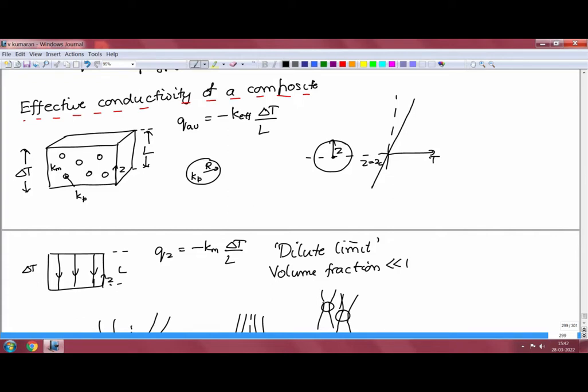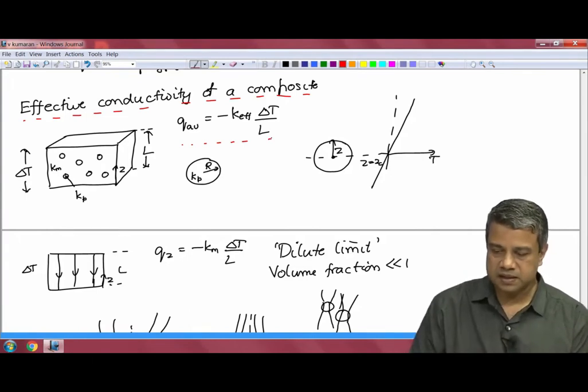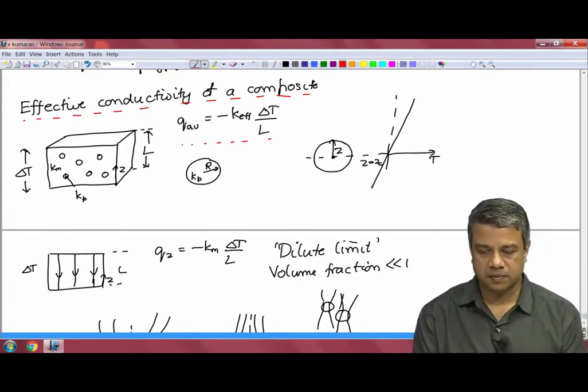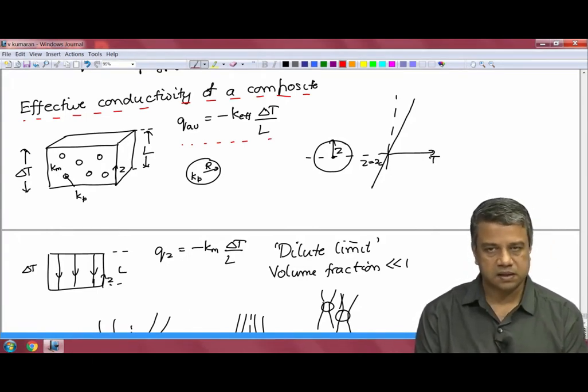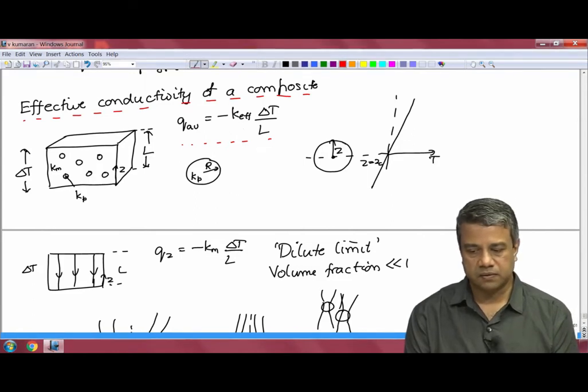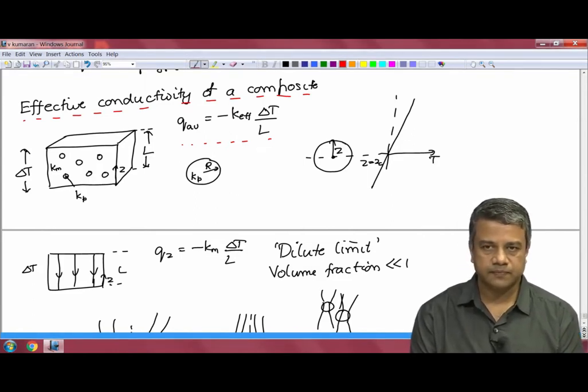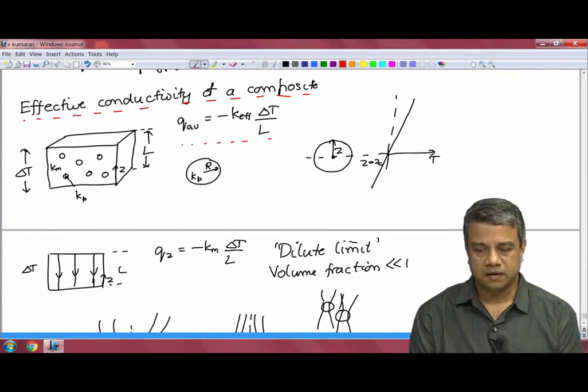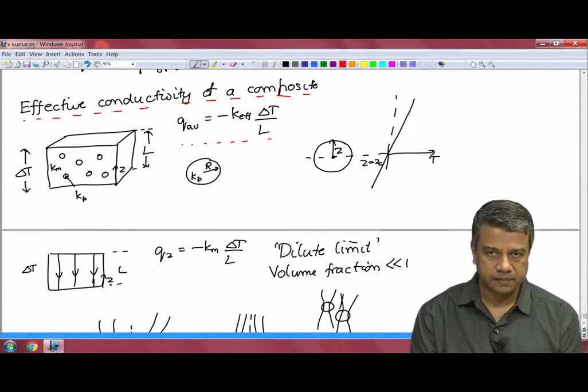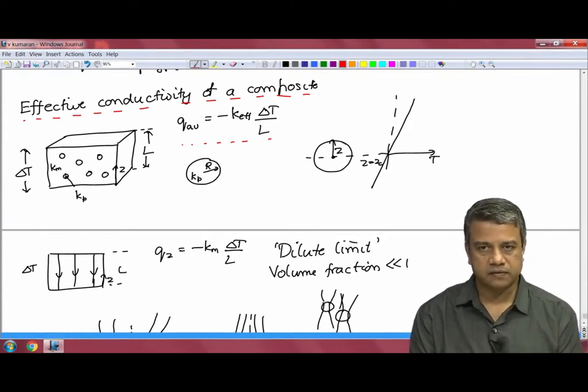The temperature difference is delta T, and we were looking for an average flux of the form Q_av equal to minus K effective into delta T by L in the z direction. We were trying to find out what is the effective conductivity as a function of the matrix conductivity Km and the particle conductivity Kp. So, that was the problem.